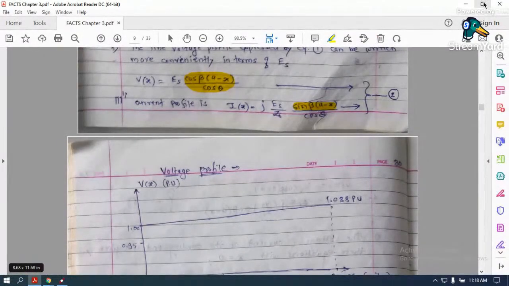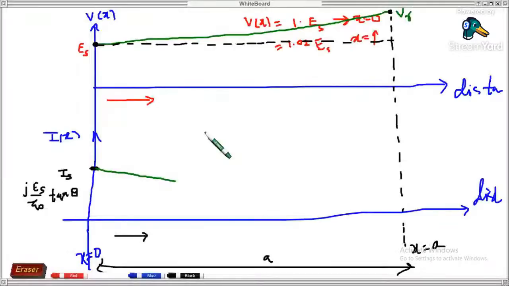At the receiving end, what is the value of x? a minus a, sin of beta into 0. 0 into anything is 0, so I of x was equal to IR, because x equal to a was put, you are getting IR as 0. Understood? Then the current at the beginning, IS was equal to j ES upon Z0 tan theta.